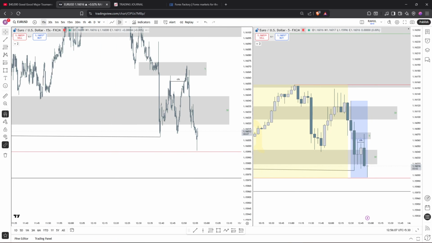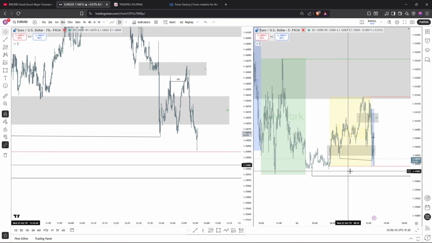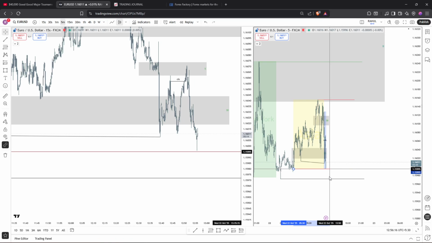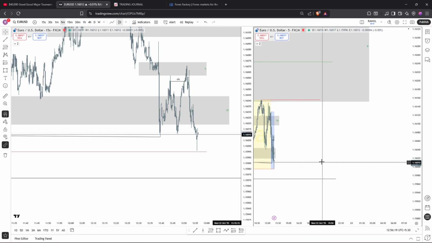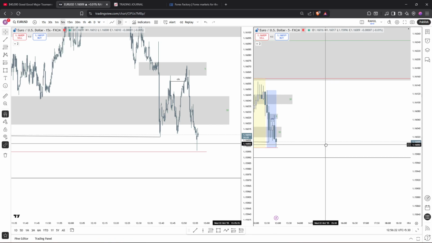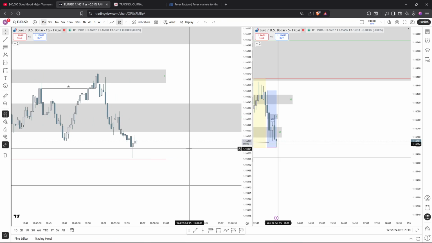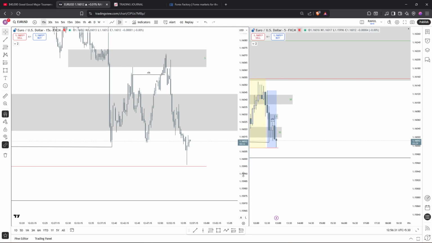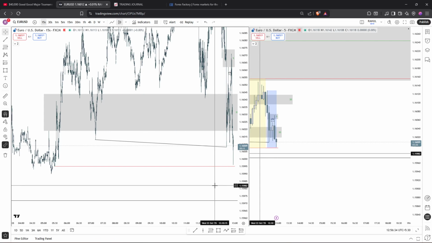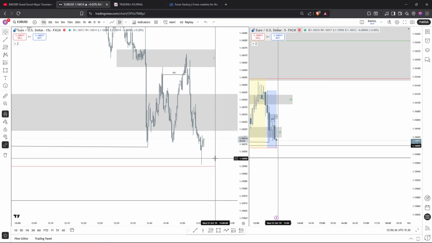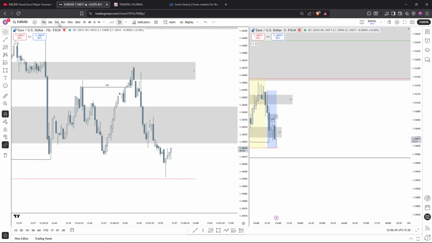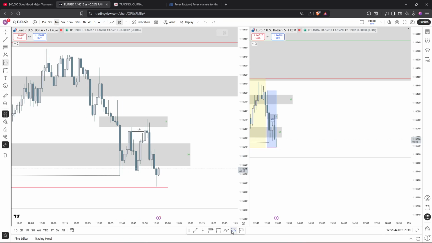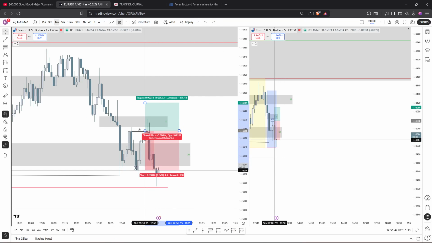Asian low has not been taken yet. This was the trade I entered here. Stop got hit.